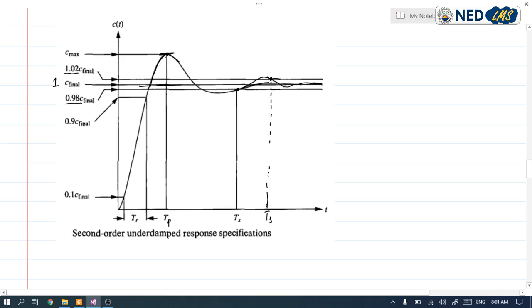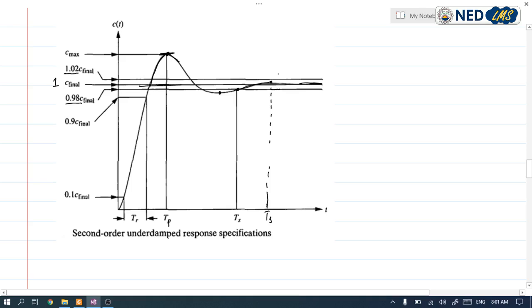After taking the derivative, we put the derivative term equal to 0, so we are basically putting the slope equal to 0. The value of slope will be 0 at this point, and also at this point, and at this point as well.